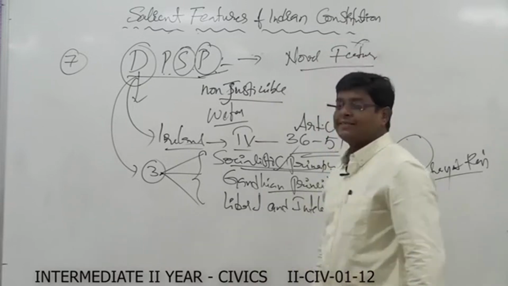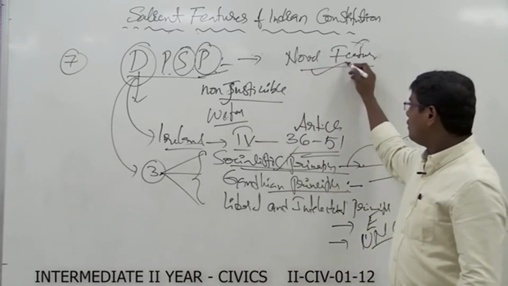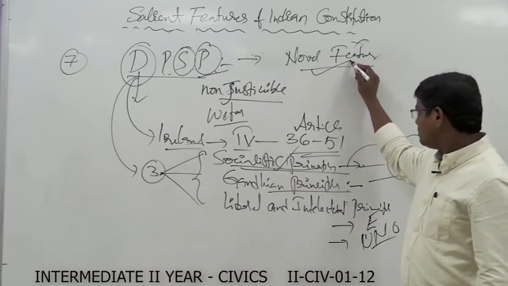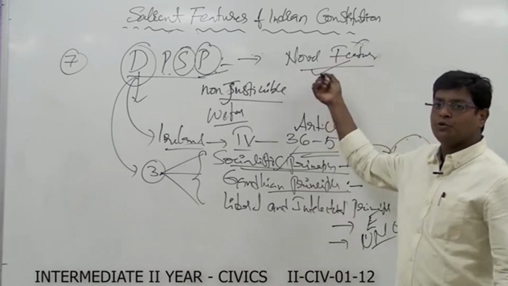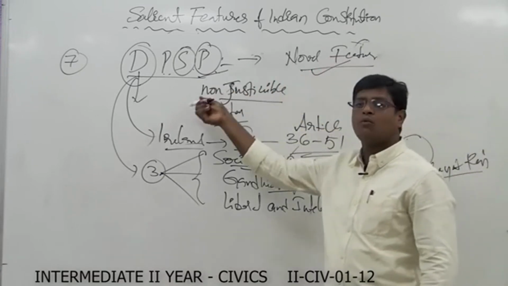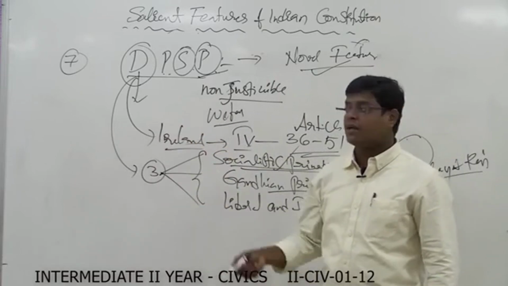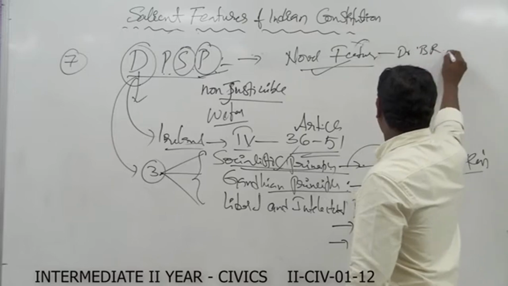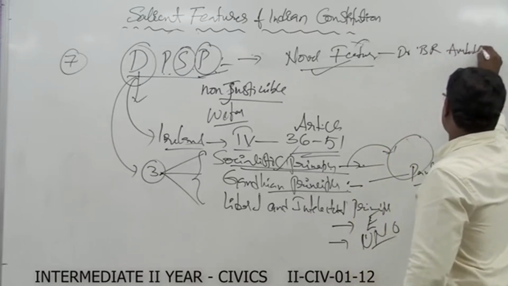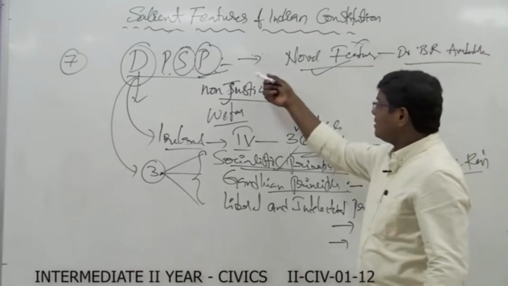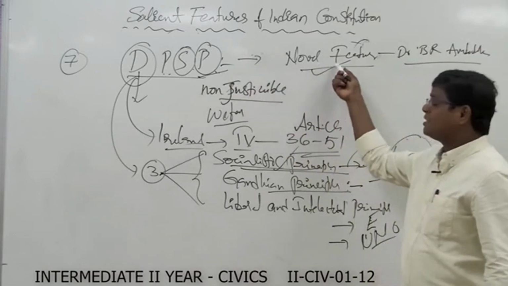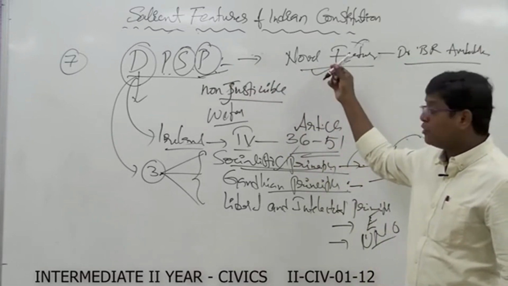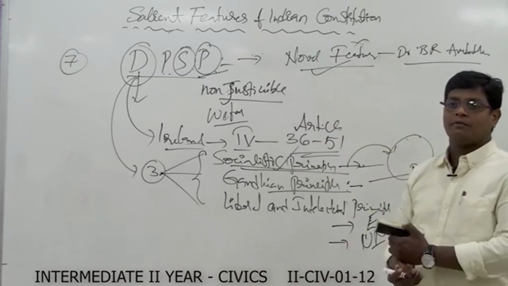Who said directive principles are novel features? Novel features means innovative, new features which are never seen in other constitutions. This was said by whom? Dr. B.R. Ambedkar. Ambedkar said that the directive principles of state policy are novel, new, innovative features.